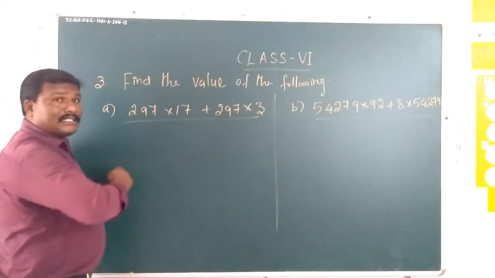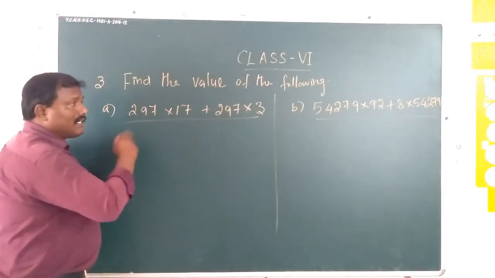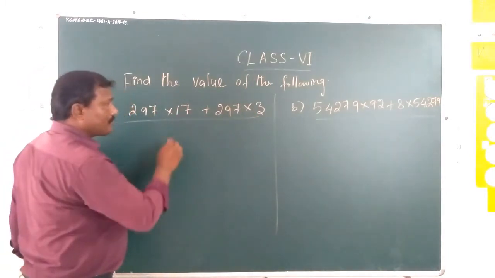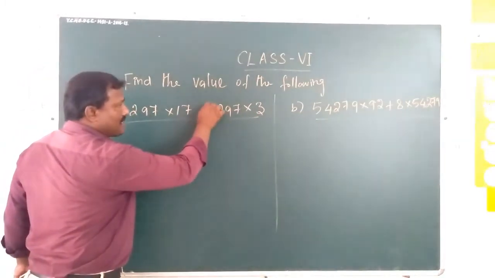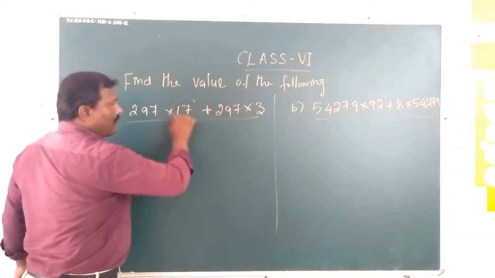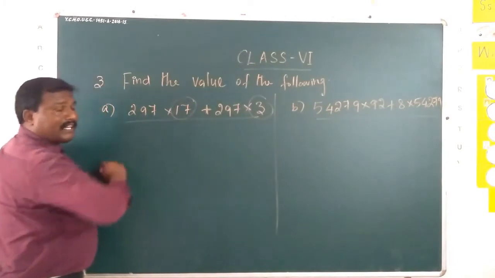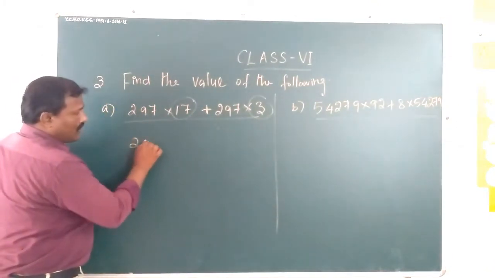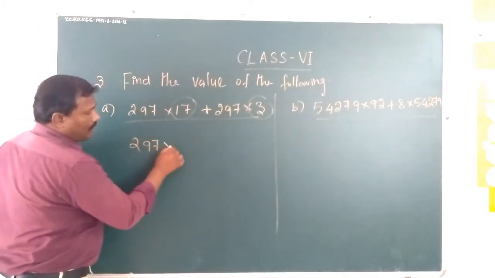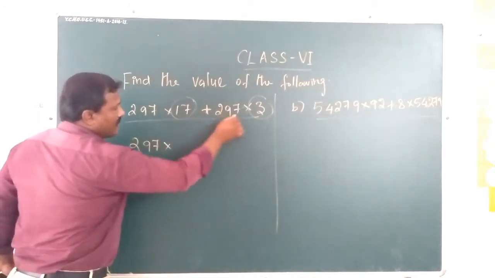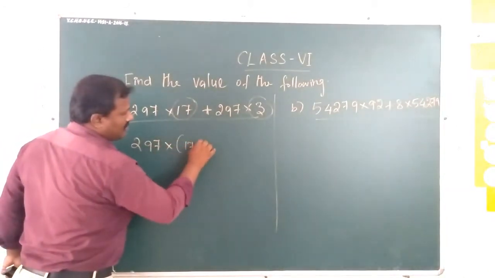So I will take one outside, then the remaining 17 plus 3, because here plus is there. I am going to add these two numbers. So commonly 297 I will take outside. So 297 multiply, then 17 plus 3.